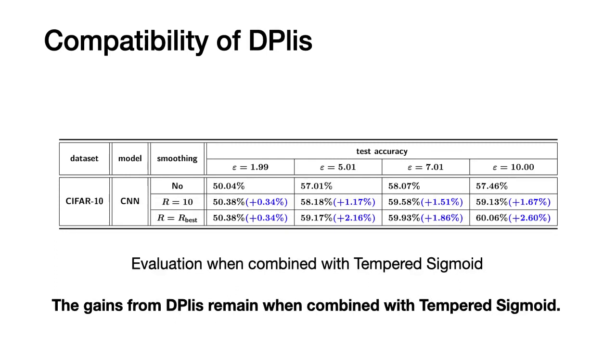As a proof of concept, here we show the results when combining DPlis with tempered sigmoid, which modifies the activation functions to improve DPSGD. We can see in the table that DPlis remains beneficial with the other strategy.